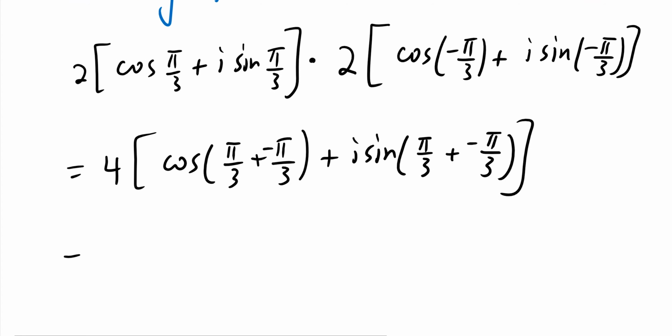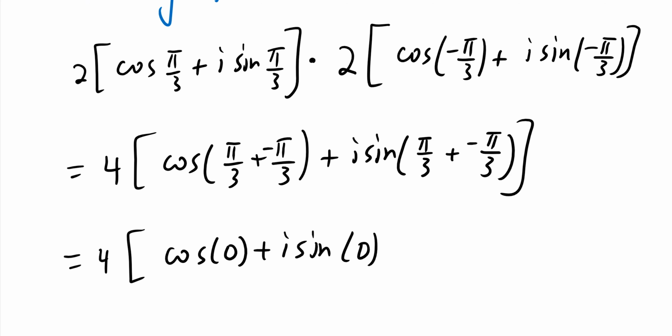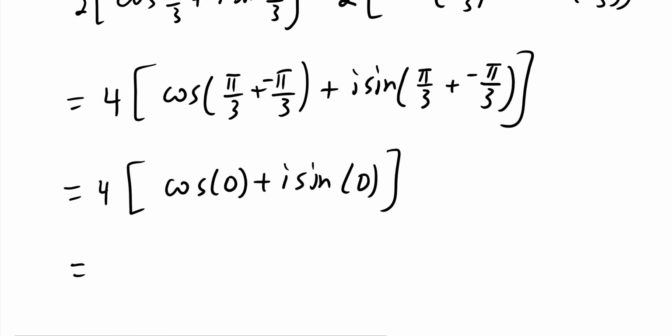Now let's simplify this. What we get is cosine 0 plus i sine 0. And that gives us 4 times, cosine 0 is 1, plus 0. The answer is 4.